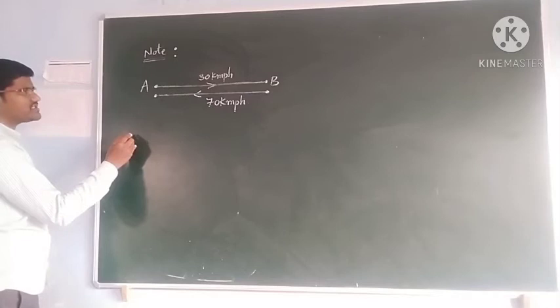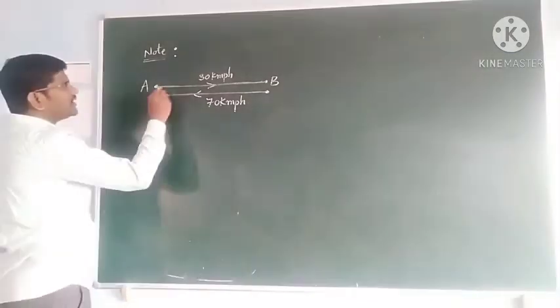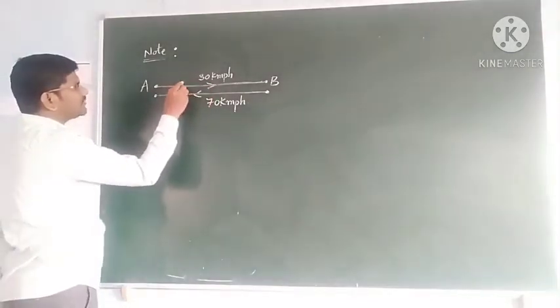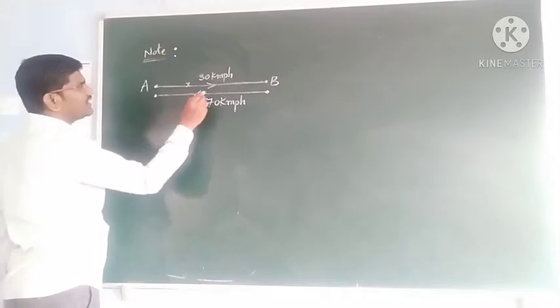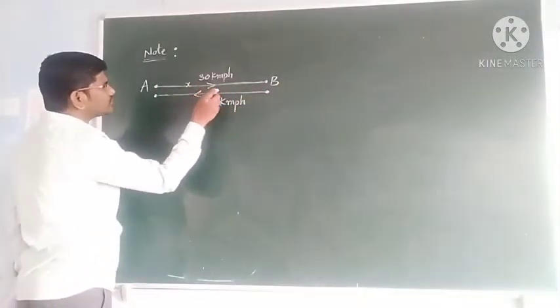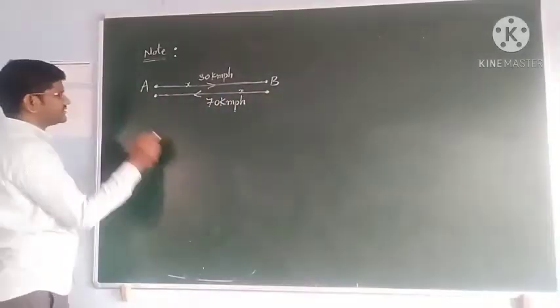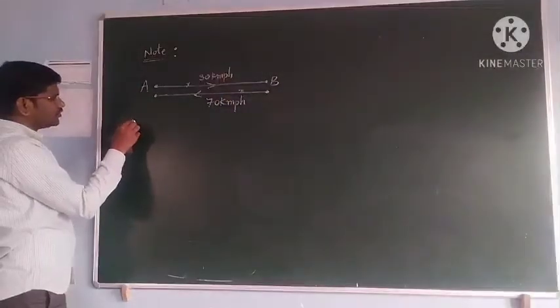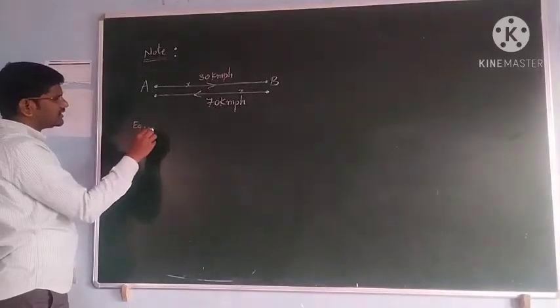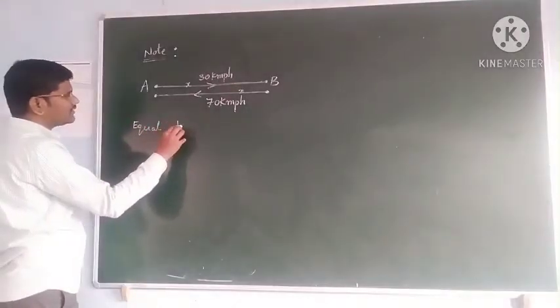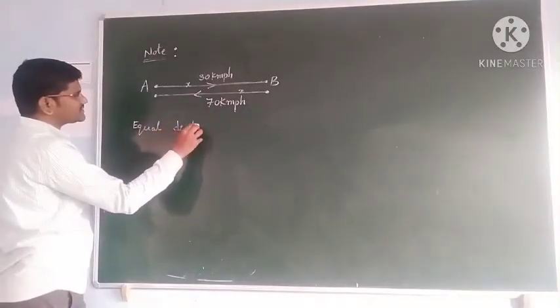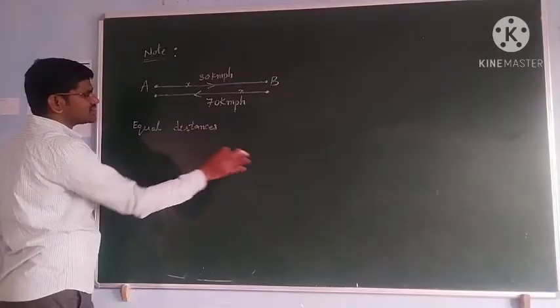So the question is: I want the average speed. Here the A to B distance is some distance x, and B to A also the distance will be x only, meaning equal distances.